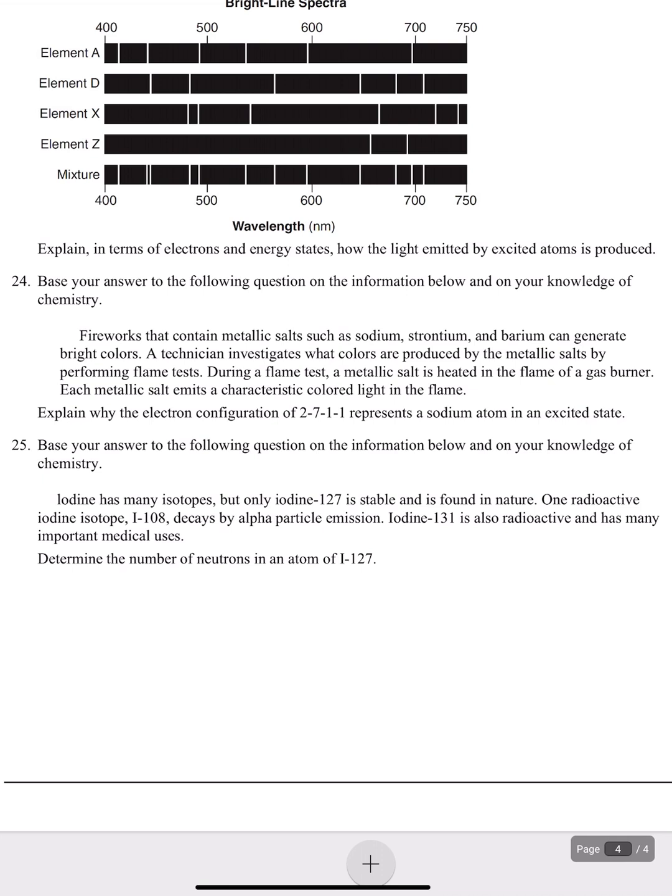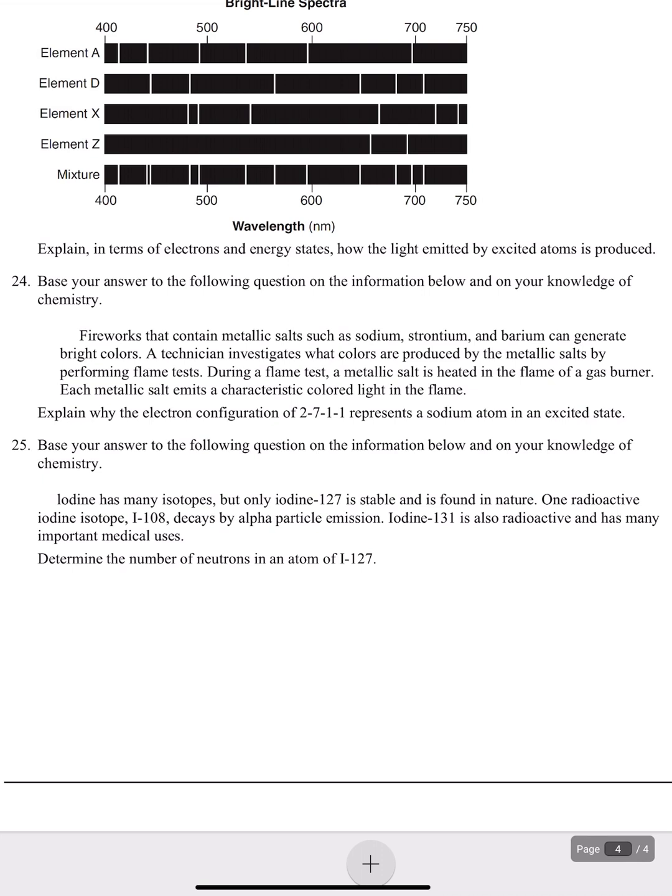Number 24. For 24, they're giving you the electron configuration, and they're asking why it represents a sodium atom in an excited state. You can say that the number of electrons did not change, and some electrons went to the next energy level.